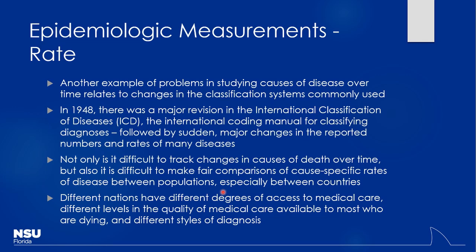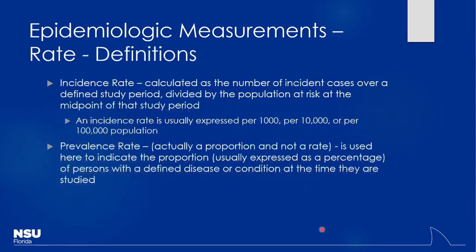Probably here, because we have access to more resources to make that diagnosis, right? So we can be sure that that's truly what it is versus somewhere else that may not have that ability. So just access to medical care can be very different and can affect these comparisons. Those are the big things we're going to be looking at. And again, styles of diagnosis can be quite different between the two as well.